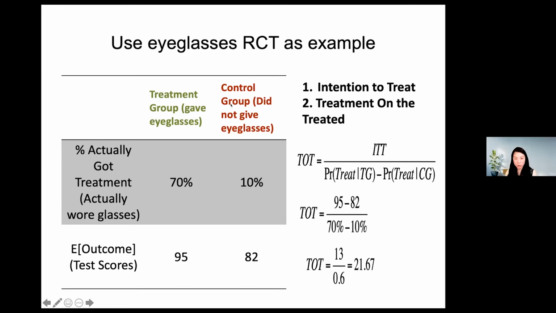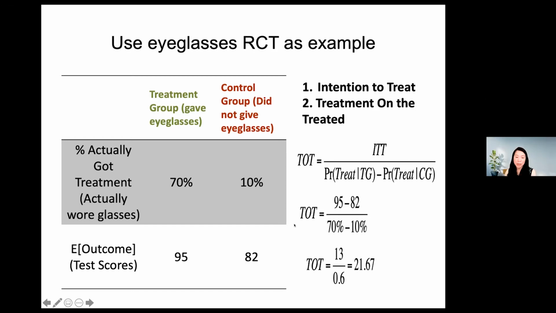And for the students in the control group who did not get eyeglasses, their test score at the end line is 82. So the ITT just compares the 95 from the treatment group with the 82, the average from the control group. So we know it's 13, right?